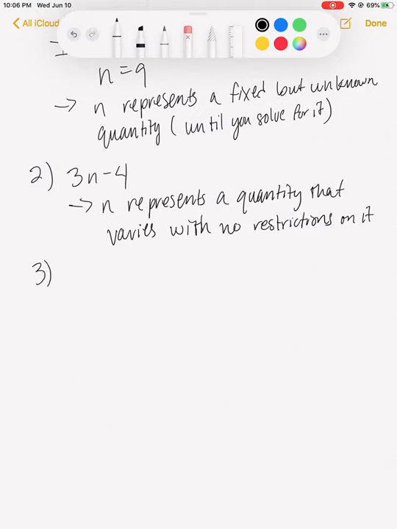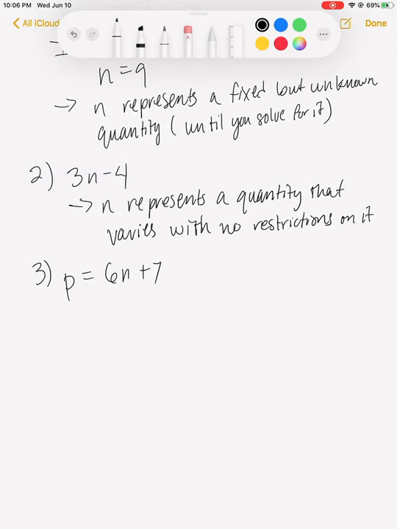Number 3. P is equal to 6n plus 7. Okay. So since there's 2 variables on here, 6n plus 7 is not equal to a certain number as an answer. So it's not like a fixed quantity like number 1.